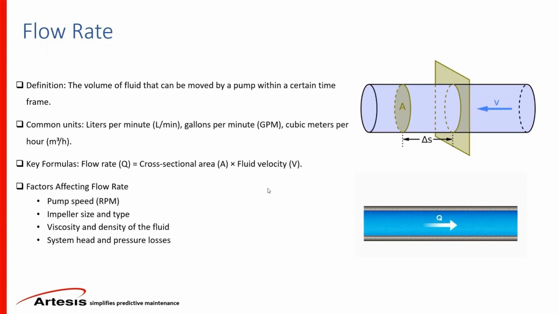We will look at these individual factors later on, but for us, the most important ones would be the head as well as the speed, or the pressure, because these are the variable parameters in most systems. The impeller size or impeller type would be harder to change. And so we are going to monitor the speed and, of course, the head and pressure of the system. So these are the ones that we will pay more attention to.